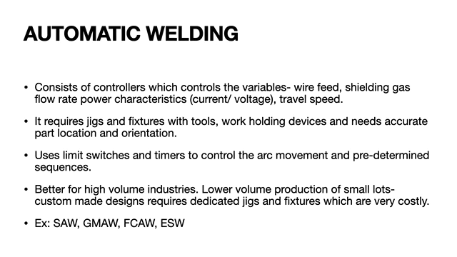In automated welding, this consists of controllers. These controllers will have control over the wire feed, the shielding gas flow rate, and the power parameters like the current and voltage. In turn, it will also have a small control over the arc length as well as the travel speed. So these controllers will have certain input and output mechanisms to control the travel speed.